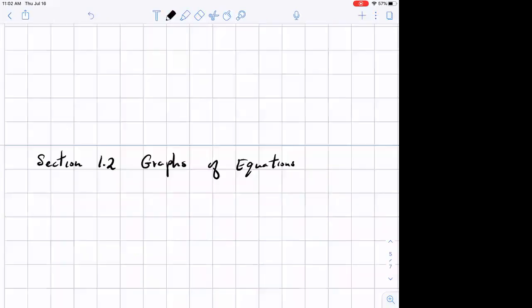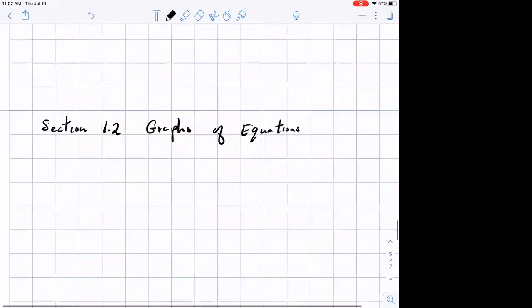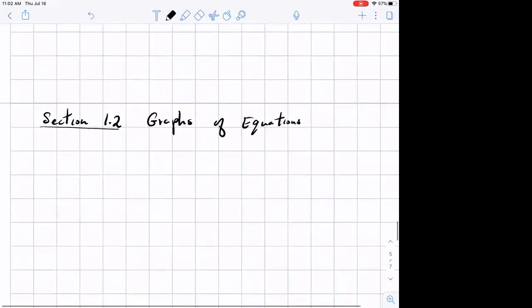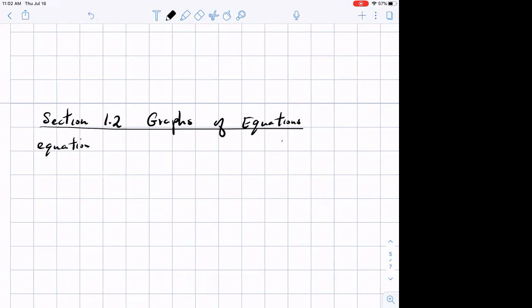Okay. So some of the first things that you know of: equations and graphs. Y equal mx plus b. This is linear.